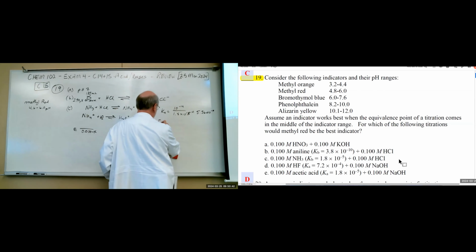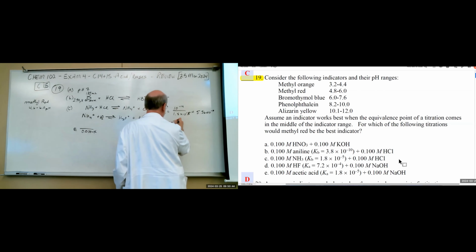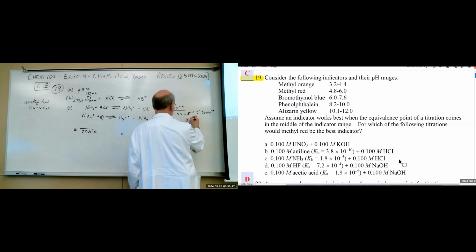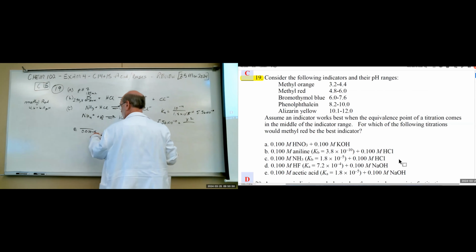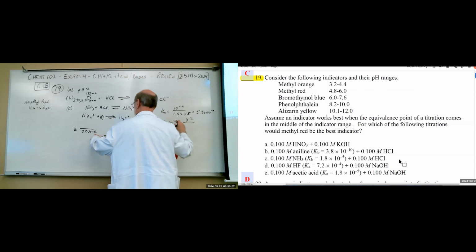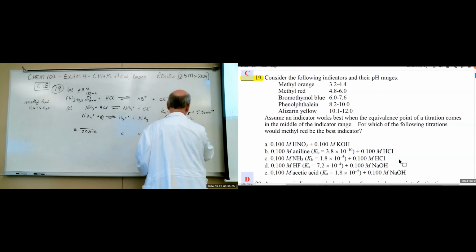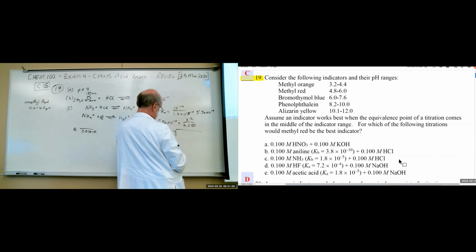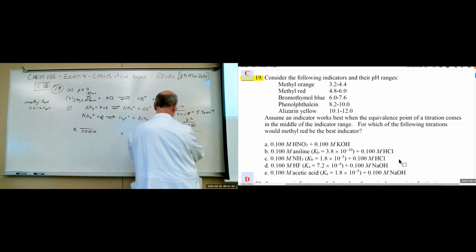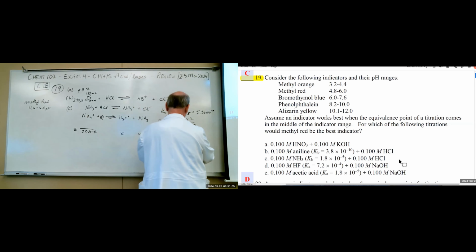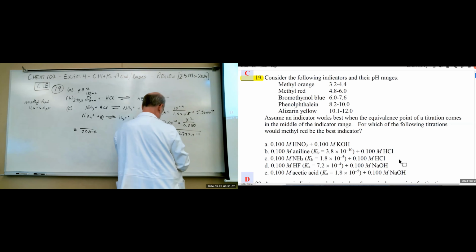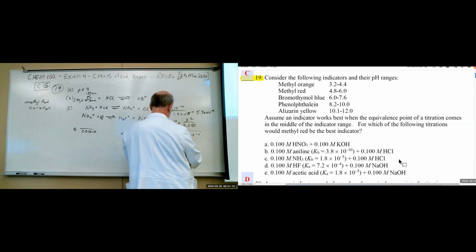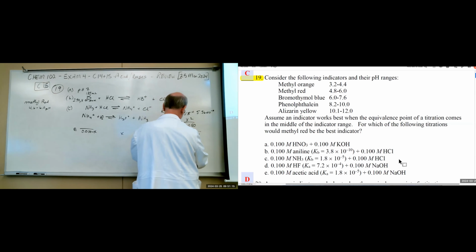So we're going to have 5.56 times 10 to the minus 10 equals X squared over, and we're going to drop that X out of there because this is so small, 0.050. X is going to be the square root of 0.05 times that, 2.78 times 10 to the minus 11, square root. It's 5.27 times 10 to the minus 6.